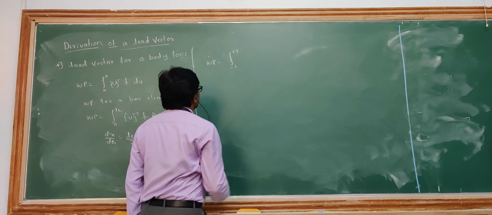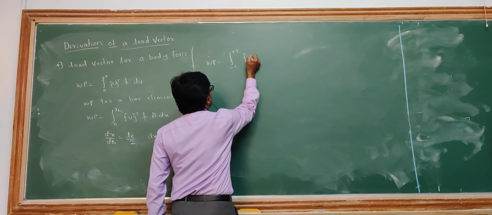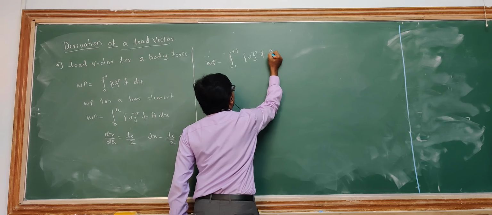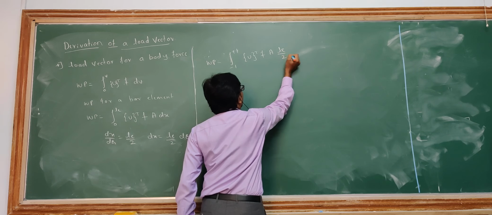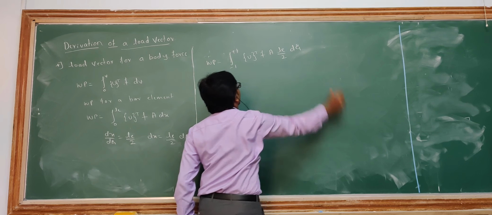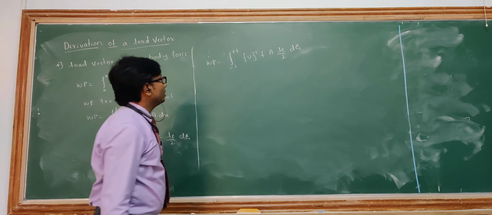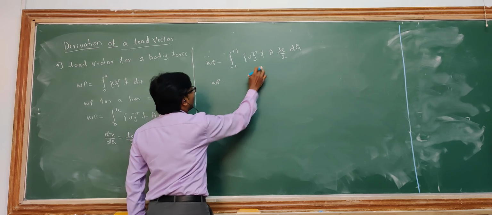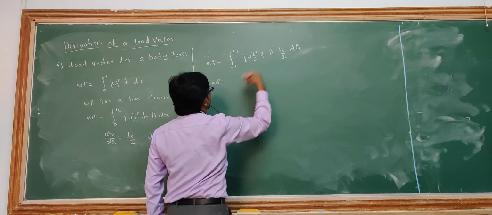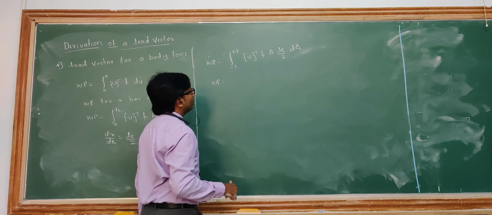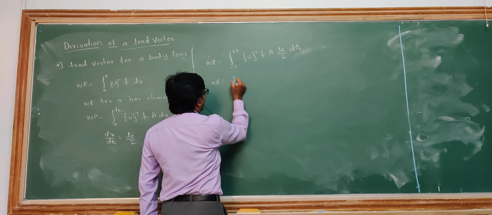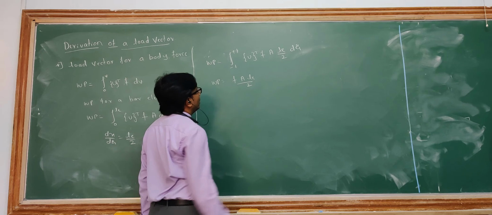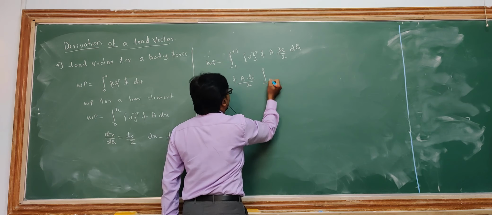So this becomes U transpose, F into A into Le by 2 into d zeta. Now I'll simplify this work potential. I'll take all the constant terms outside and keep only the integration parameters. So F A Le by 2 I'll keep outside, and I'll do the integration from -1 to +1.